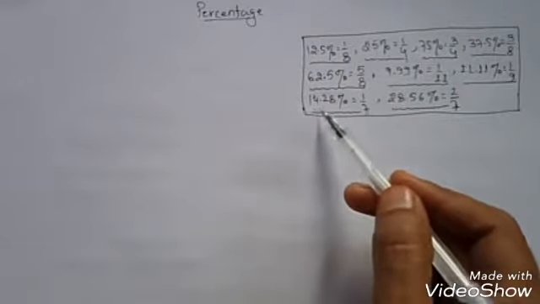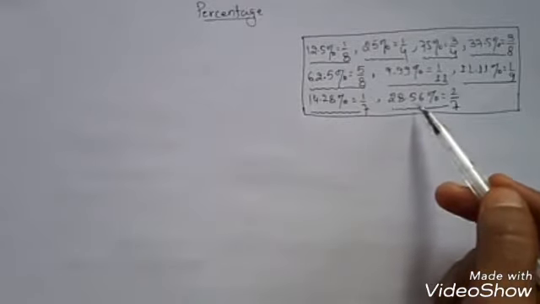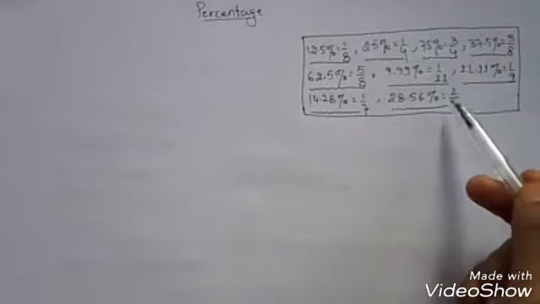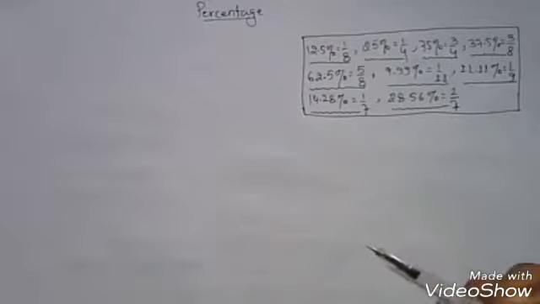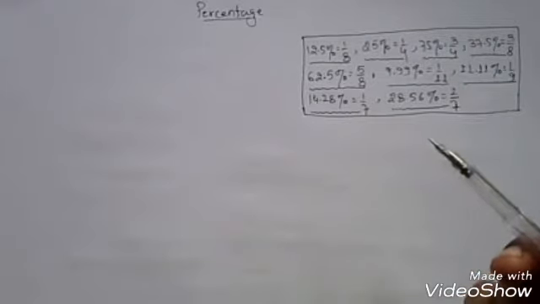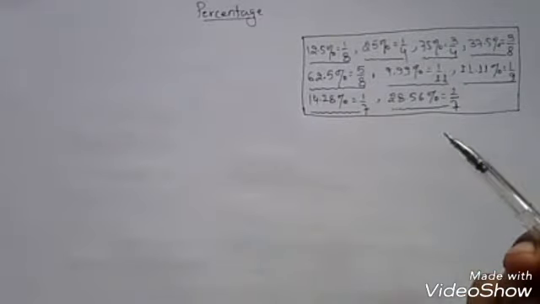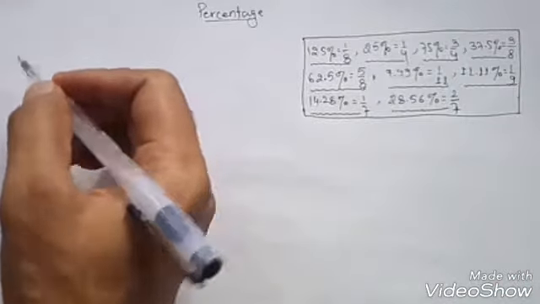Similarly, 14.28% is equal to 1/7, and 28.56% is equivalent to 2 by 7, which is simply double of this, right? So these are some values you need to keep in your mind while solving these questions, right? So let's take another example.